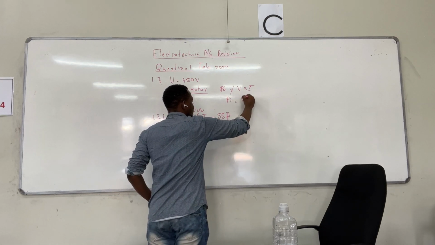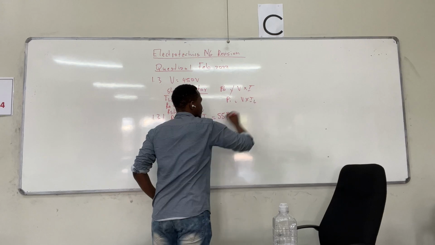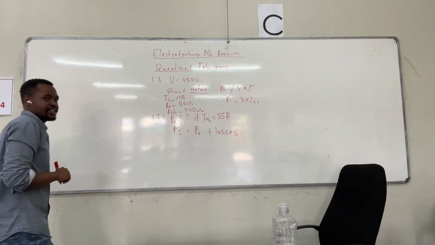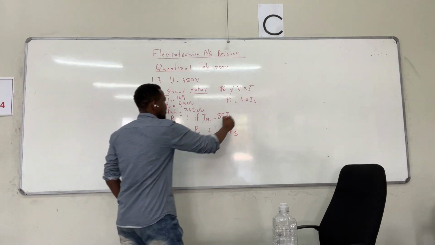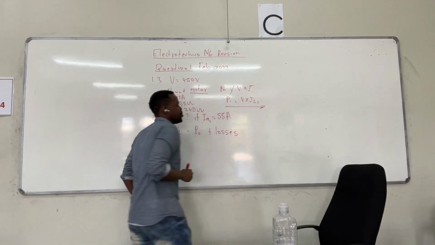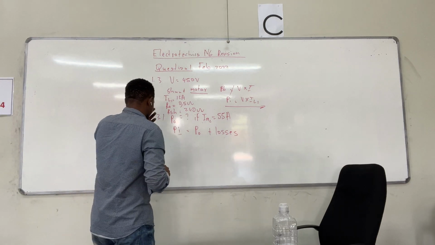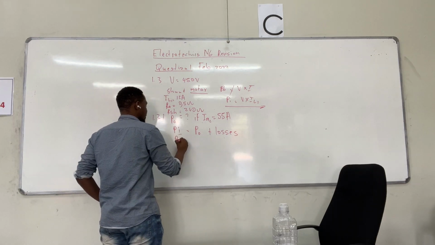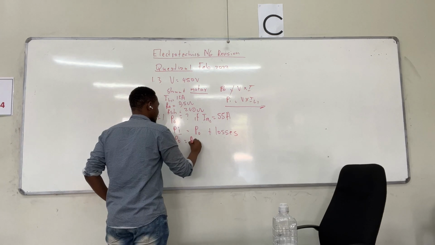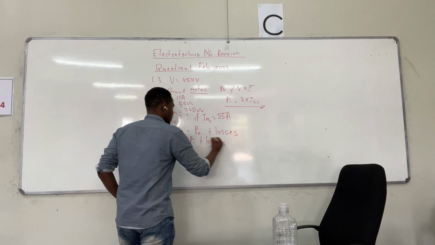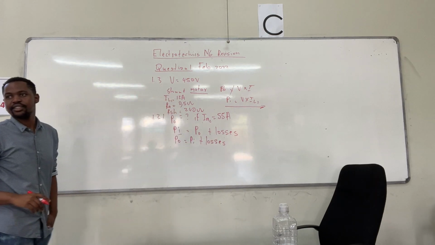Am I making sense? Because the input power of the motor is electrical. So power out is given by power in minus the total losses.